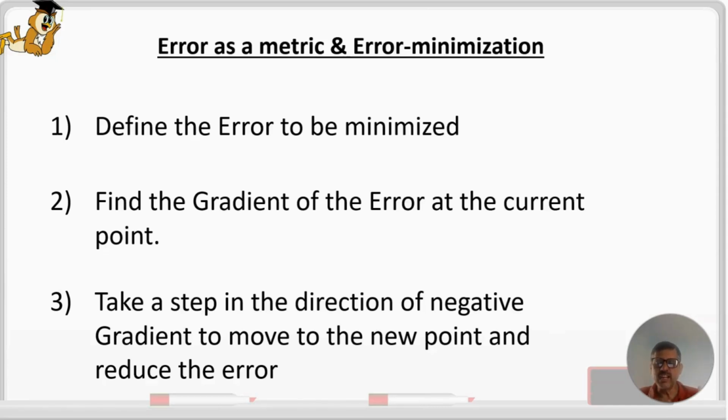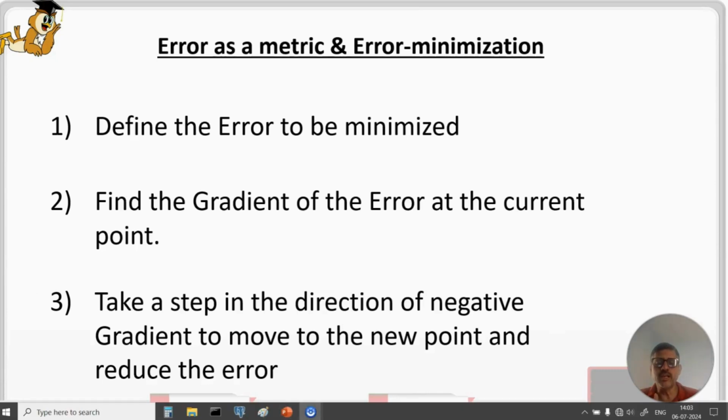The direction of the negative gradient tells you where you need to move in order to reduce the error, right? So this is how using error as a metric and error minimization as an optimization technique works. We are going to discuss this in slightly more detail.